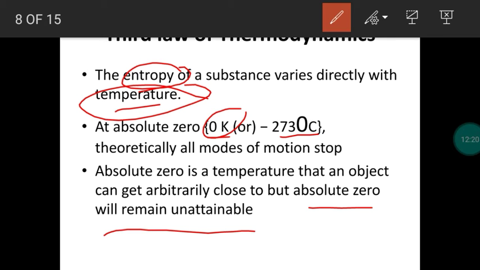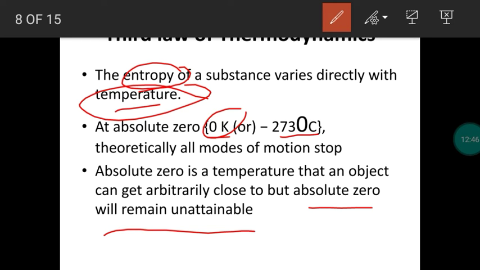At 0 Kelvin, all types of movements in the molecule will be stopped. So 0 Kelvin means minus 273 degrees Celsius. You think about it. At this temperature, all types of movements in the molecule will be stopped. We already studied, when we studied internal energy, we said different types of movements are possible for molecules in the system.